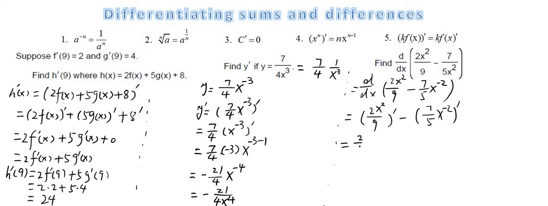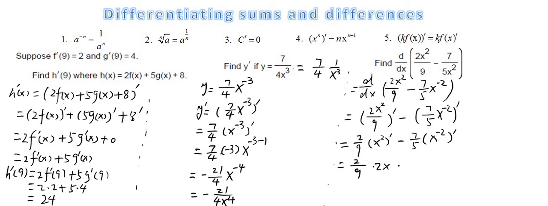We have x squared prime and 7 over 5 x to the power negative 2. Now, for the first term, we get 2x using the power rule.